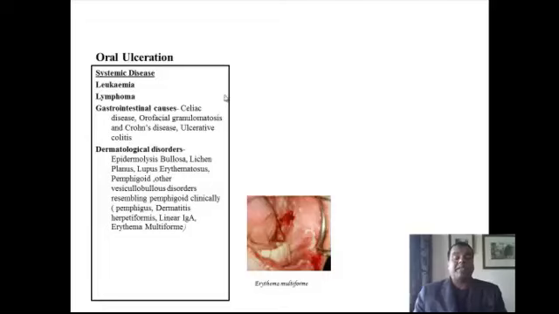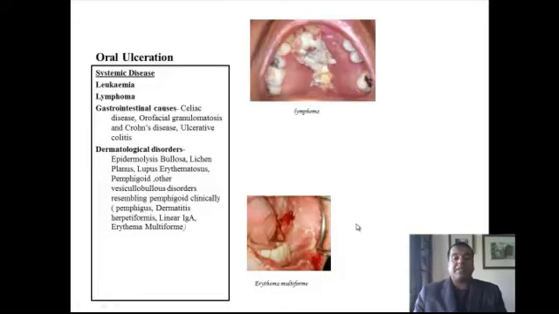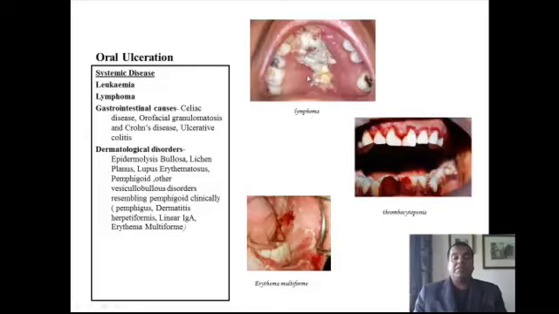Dermatological disorders that manifest in the mouth can also give rise to oral ulceration, and these listed are epidermolysis bullosa, lichen planus, lupus erythematosus, pemphigoid, other vesiculobullous disorders resembling pemphigoid clinically, including pemphigus, dermatitis herpetiformis, linear IgA disease, and erythema multiforme. Here are some examples of, on the top there, lymphoma, thrombocytopenia, and erythema multiforme.